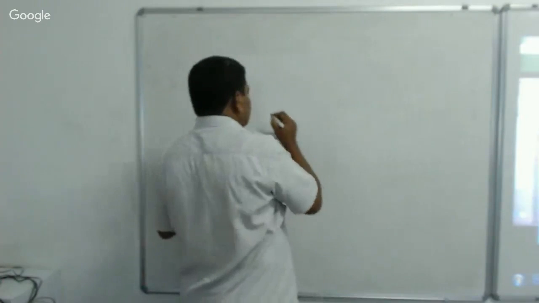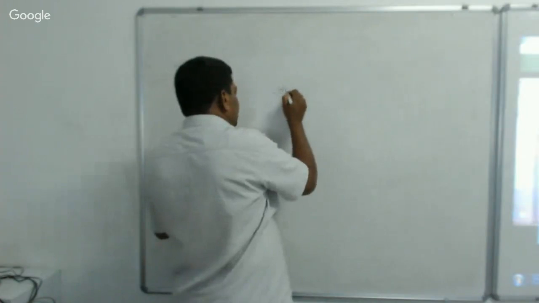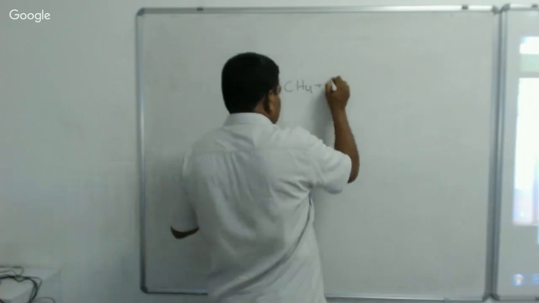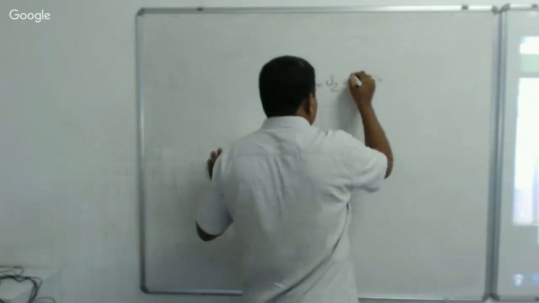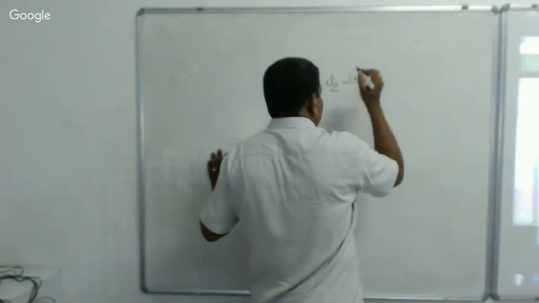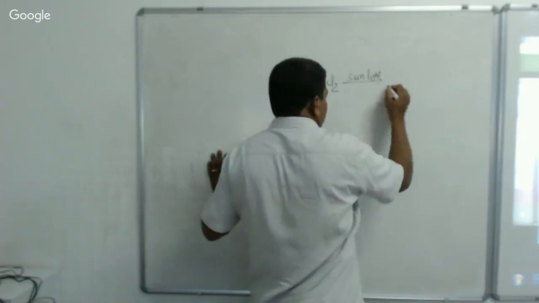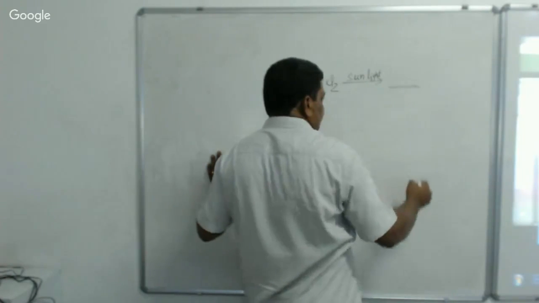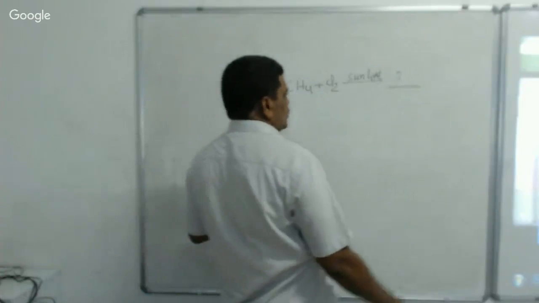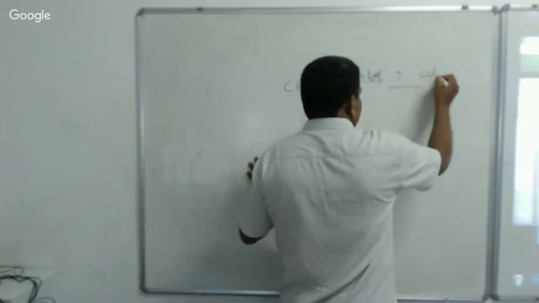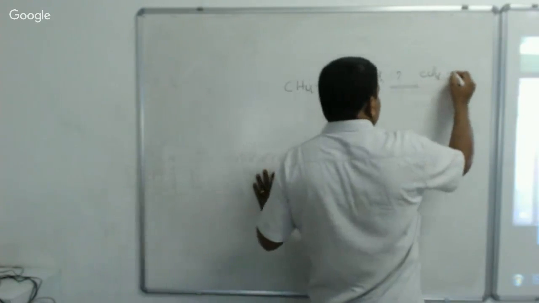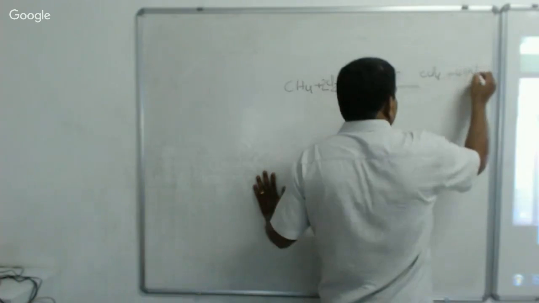Now, if you go for other properties of chlorine, which you are studying in the first year, 11th class: methane plus chlorine, sunlight. What is the end product? The answer is CCl4, carbon tetrachloride, plus 4HCl.